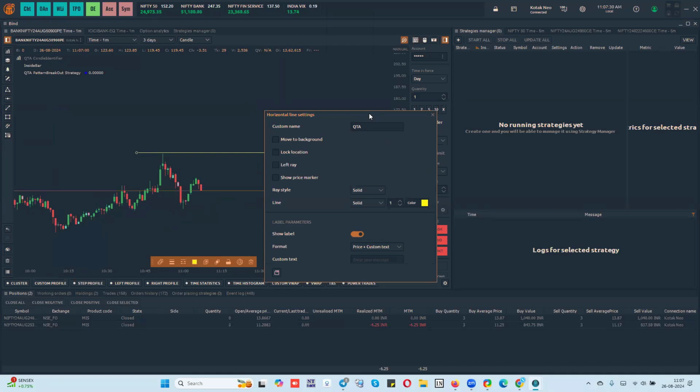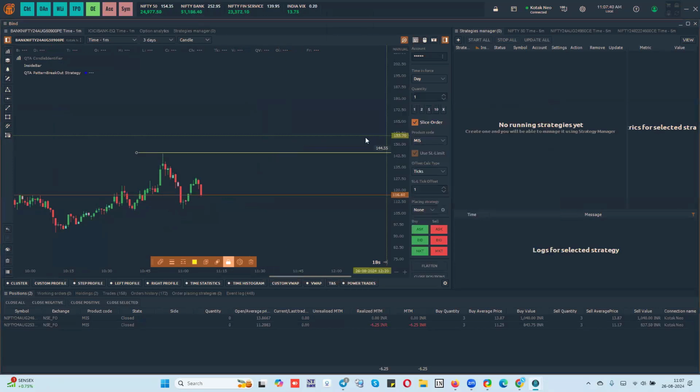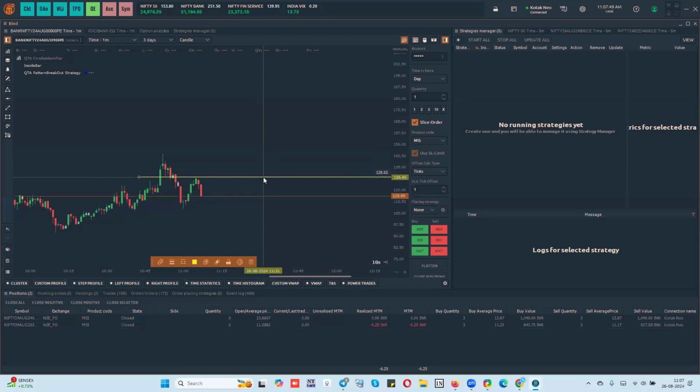Another option that you need to select is lock location. What does that mean? This location will be locked for this particular strategy. So in case you want to modify it, you cannot, because it is locked. What you can also do is bring it down here and then click on lock. It will lock.